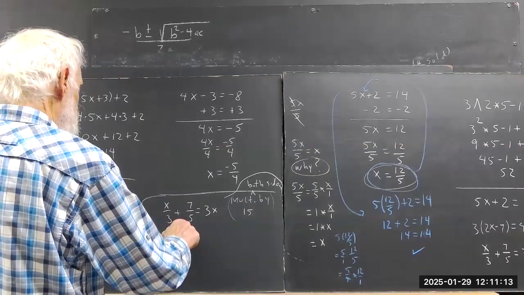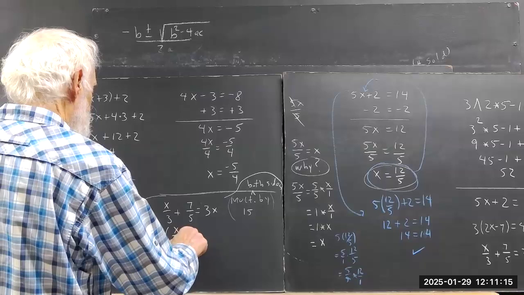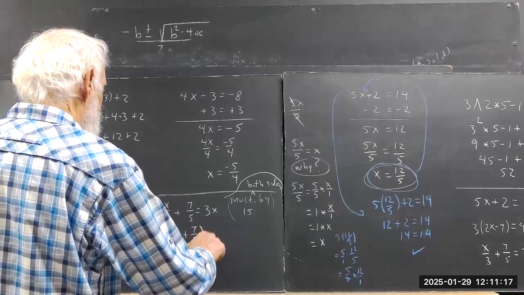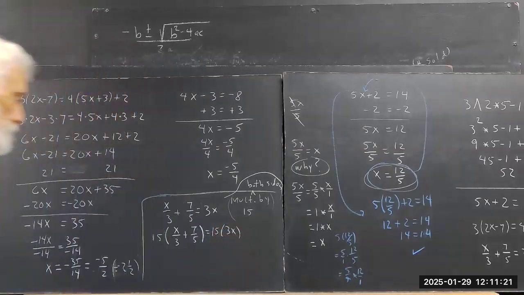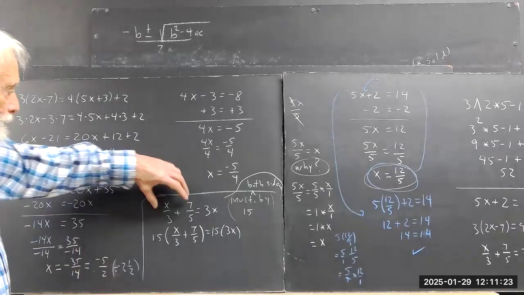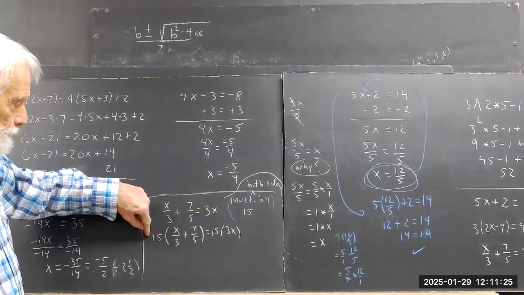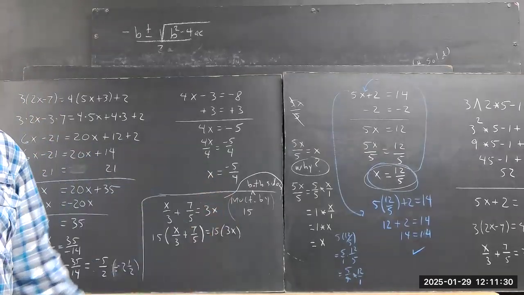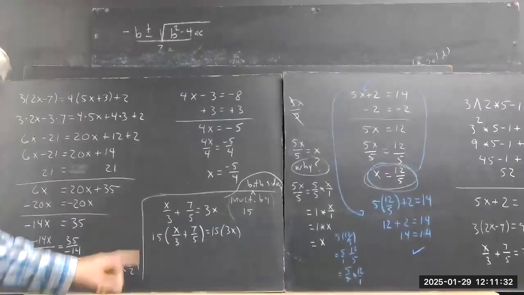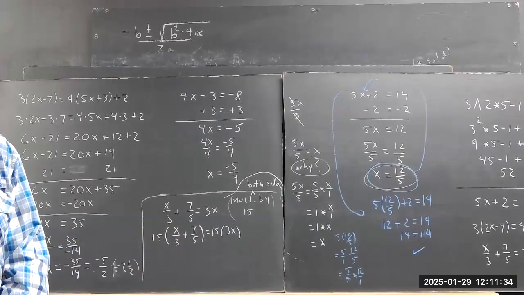So if we do that, we just do this. And right there, it's very clear that this side is here and it's multiplied by 15. This side is here and it's multiplied by 15. So that's a step you probably shouldn't skip.